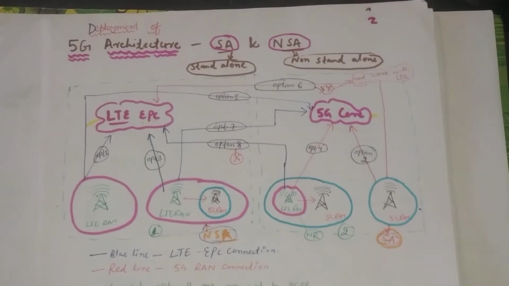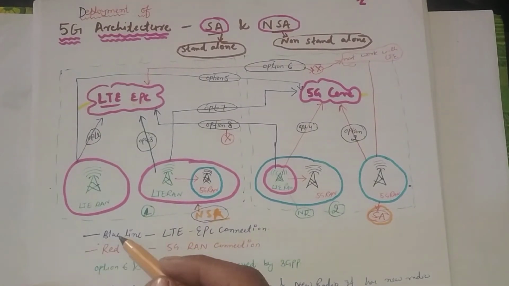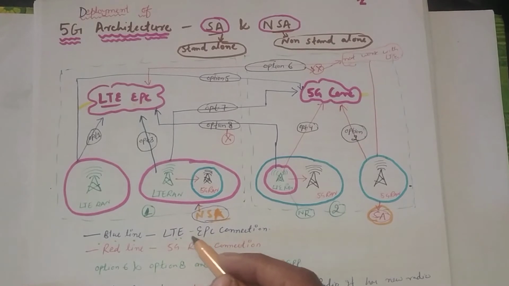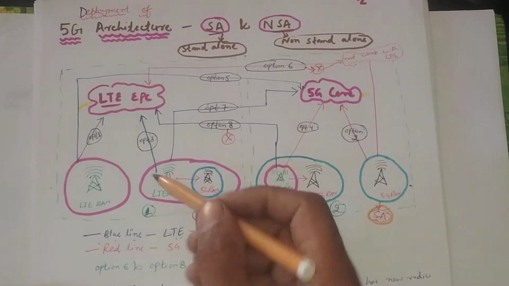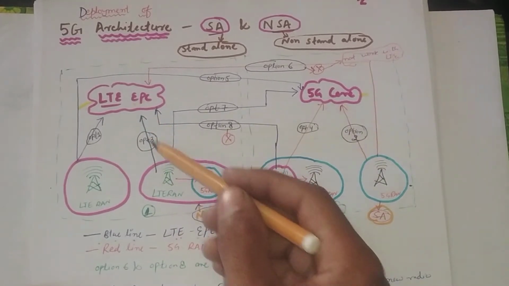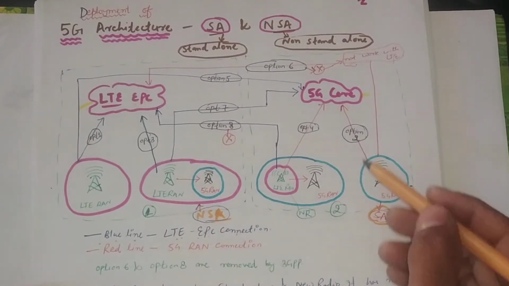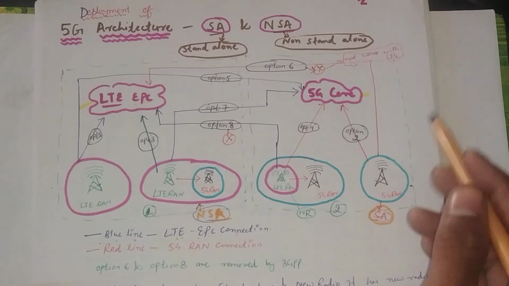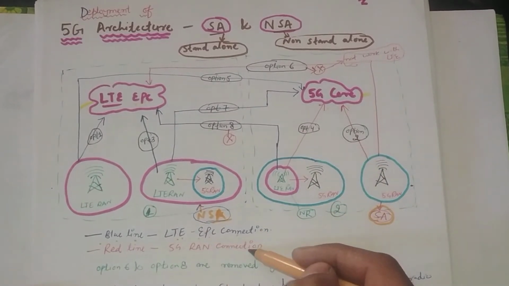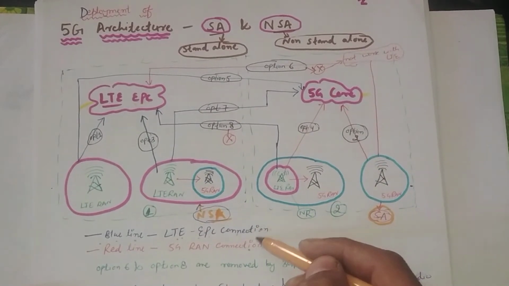I have also discussed below these lines. Blue lines denote the LTE EPC connections. All the 4G connections are denoted by the blue line, and red lines denote the 5G connections, new radio interfaces, and these are the 4G interfaces.